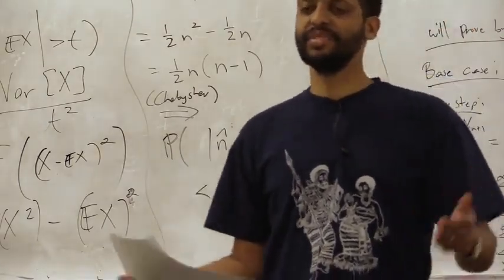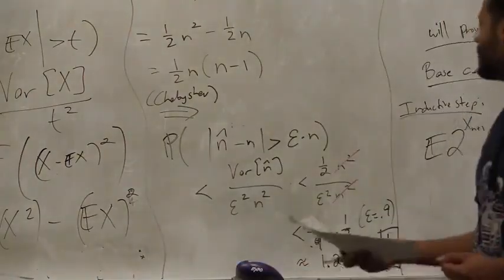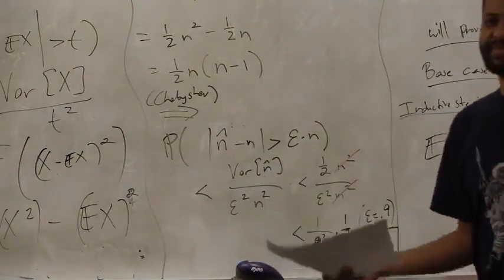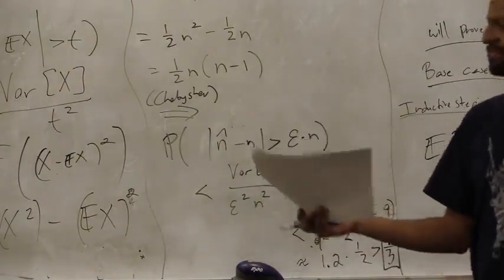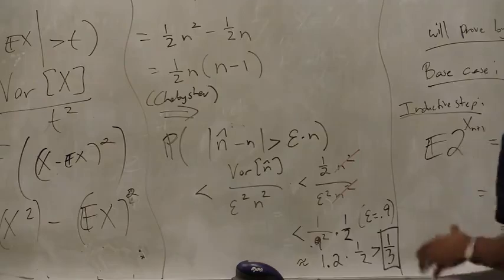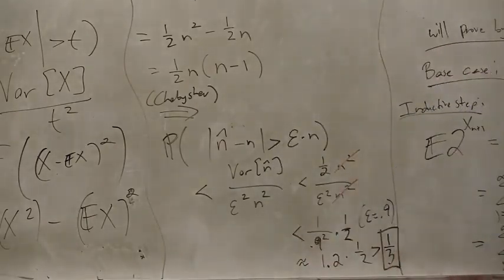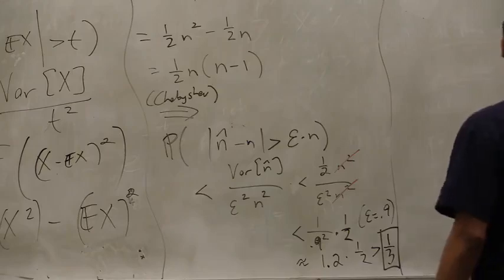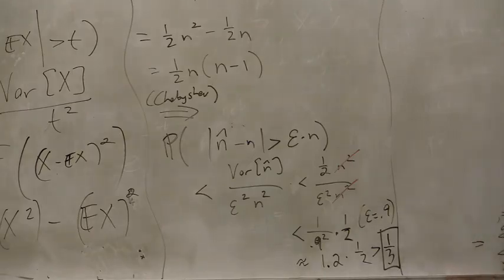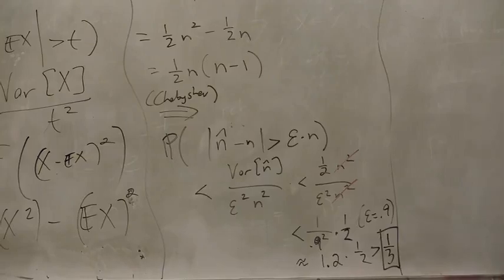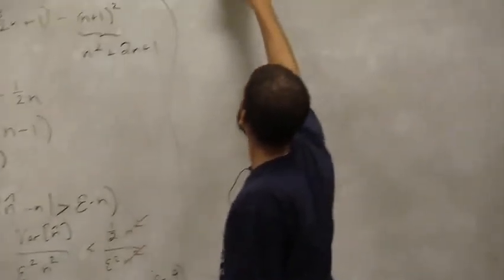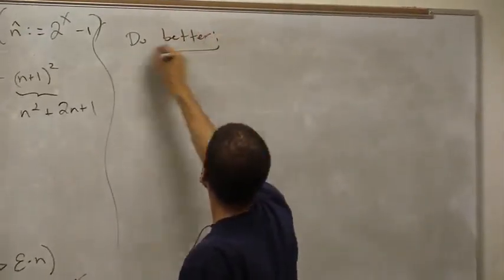So I'm basically within a factor of like 10 of the true answer, which is not great. How can I do better? So let's do better.